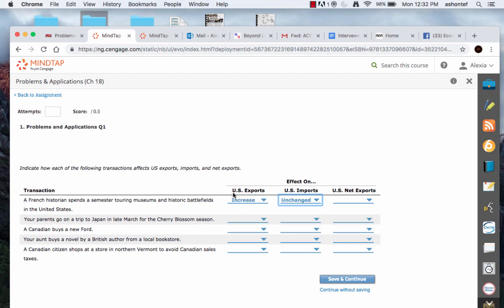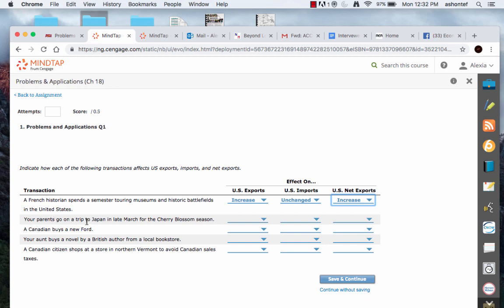So that's why it's considered an export. And then the US net exports is the difference between exports minus imports. So if your exports have increased and your imports have not changed, then your US net exports will have to increase.